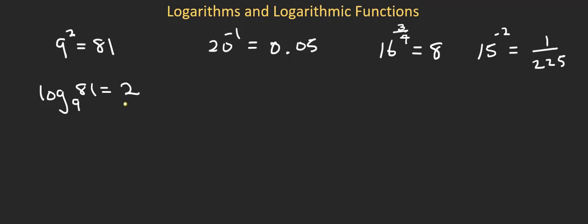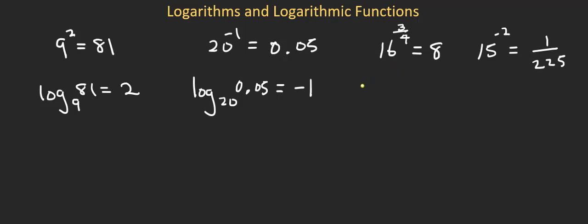So as long as you know the base and exponent, it's easy to go back and forth. And for this one, the base is 20 and the exponent is negative 1. So log base 20 of 0.05 is negative 1, because logs are, again, exponents.